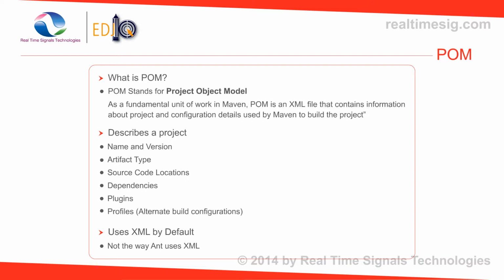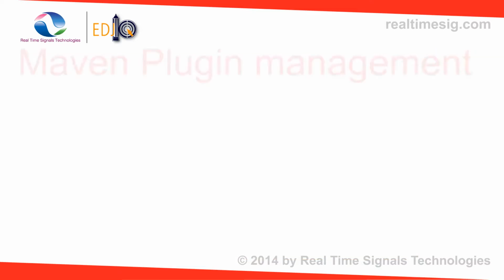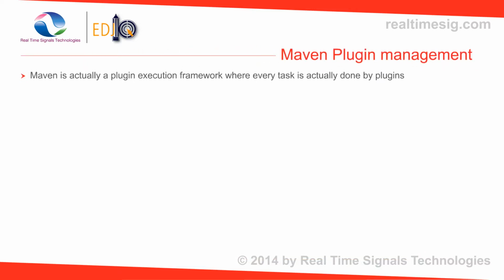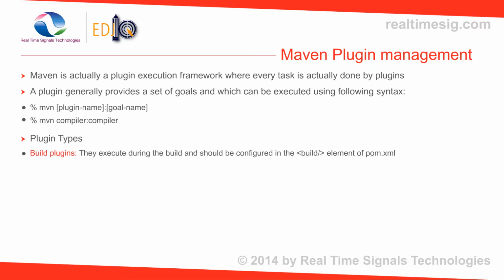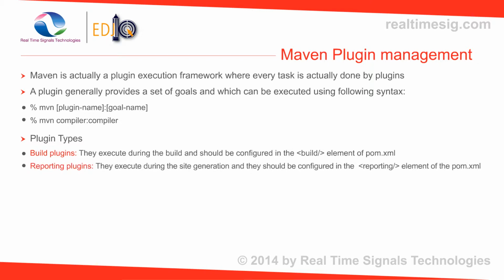What are Maven plugins? Maven is actually a plugin execution framework where every task is actually done by plugins. Maven plugins are generally used to create jar file, create war file, compile code files, unit testing of code, create project documentation, create project reports.